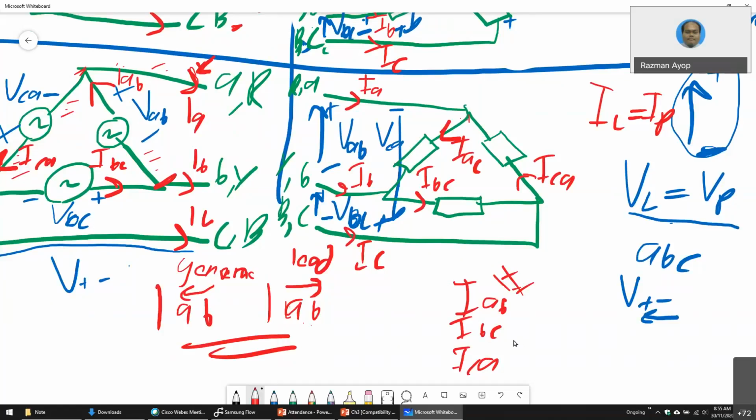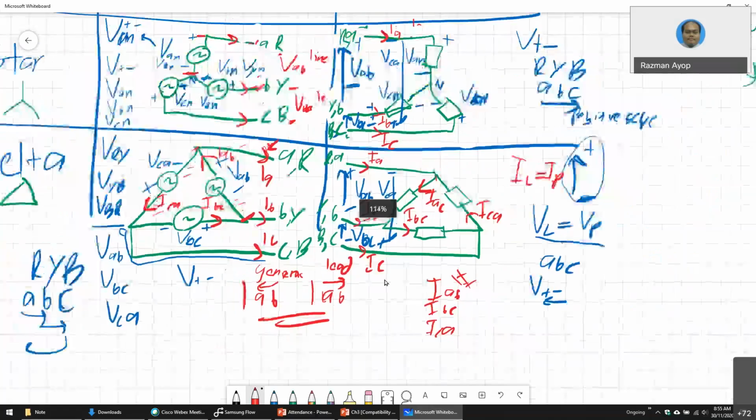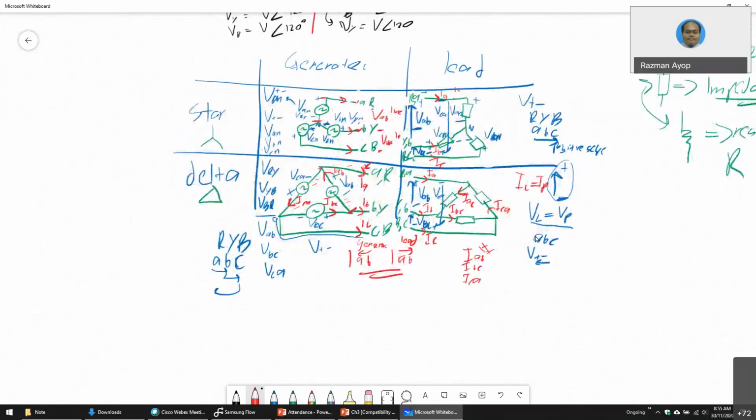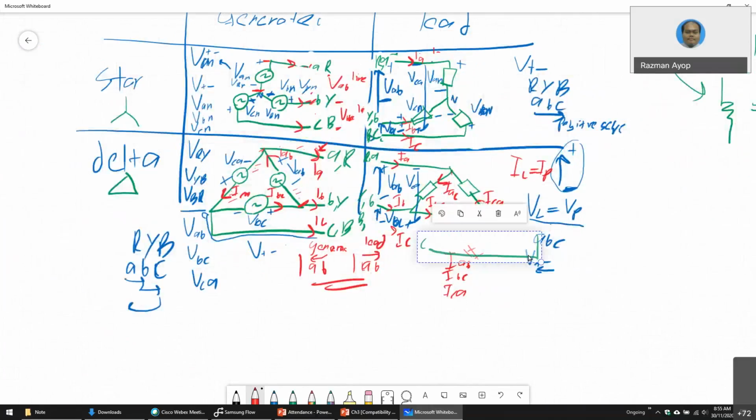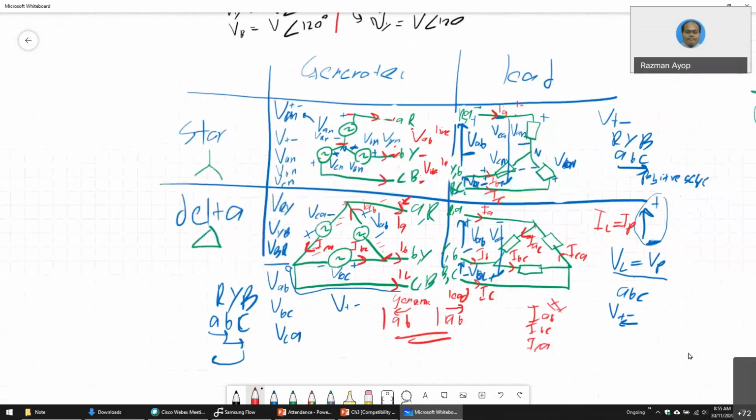So basically, this is how to draw the star delta connection for generator and load. You need to know how to draw, and it is a must before you answer the question.